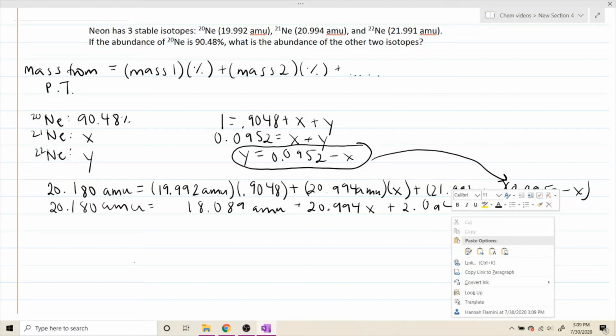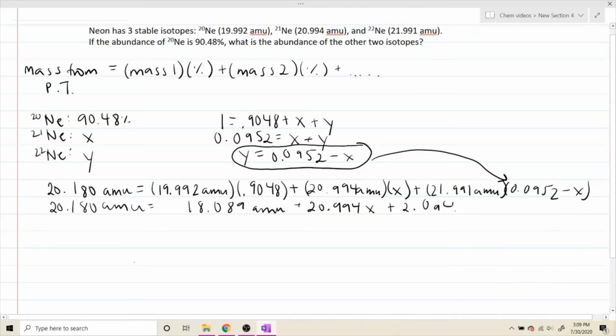Make sure you don't miss the negative in front of the X. And here, again, the next line, simplify it a little bit more. You can do this all in one step, but I think it's easier to make mistakes that way.